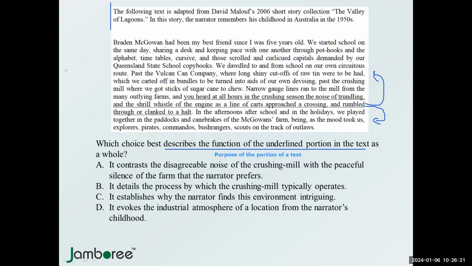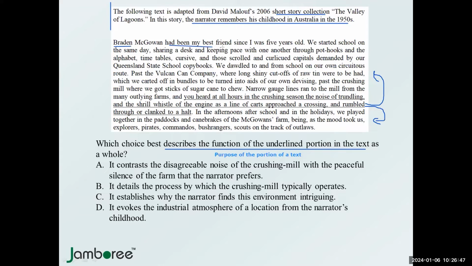And this is exactly what this blurb is also doing, because we get to know that this excerpt is from a short story collection. And in this particular story, the narrator remembers his childhood in Australia in the 50s. So there's a lot of remembering and reminiscing happening. Keeping this in mind, let's go back and read the text.